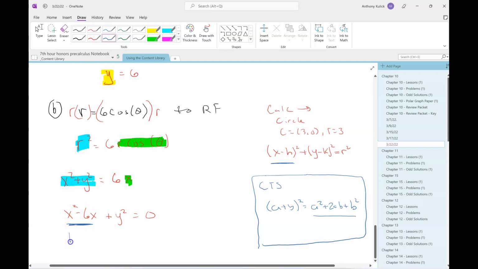So my x squared is a squared, which means a is just what? x, right? If x squared is a squared, a is just x. So that means that 2ab has to be negative 6x, right?